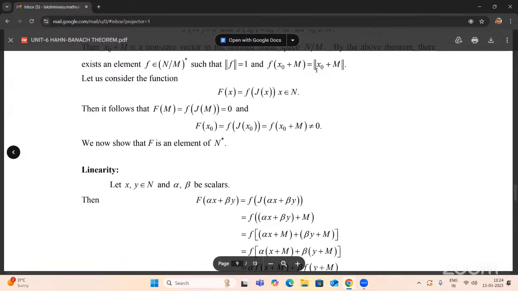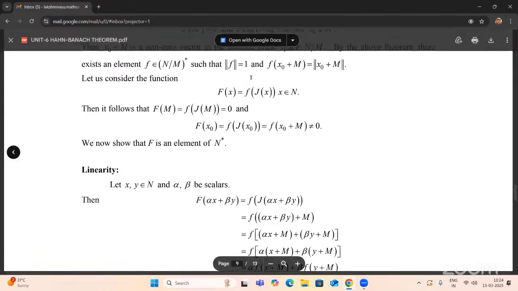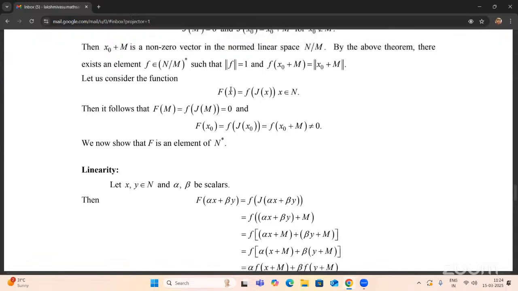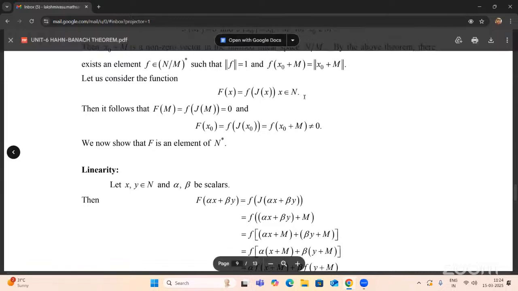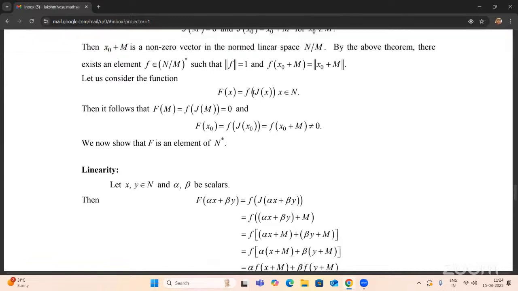We consider the function capital F of x equals small f of J of x. So capital F of M, replacing x by M, where M is the closed linear subspace, so here x belongs to N. So capital F of M equals small f of J of M. That value is also 0.